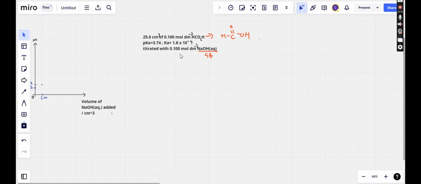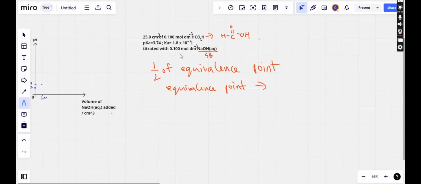Okay, so for the next calculation, it's a very simple one. We are looking at the half equivalence point. So the equivalence point is at 25.0 cm cube of NaOH, where all the acid has reacted, right?